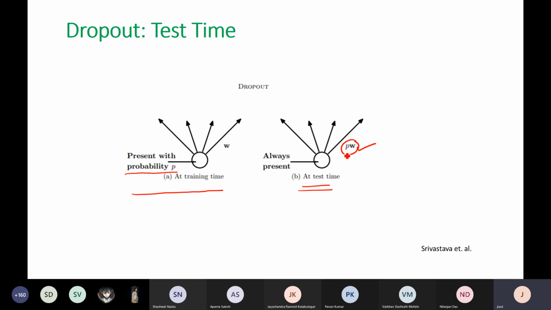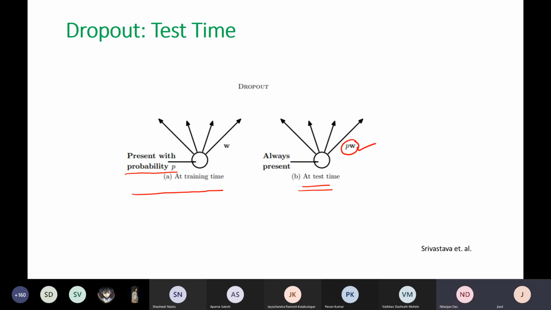This factor P takes that into consideration. Somebody who contributed high will contribute high in this case, and somebody who contributed very low in the computation will contribute very low in this case.